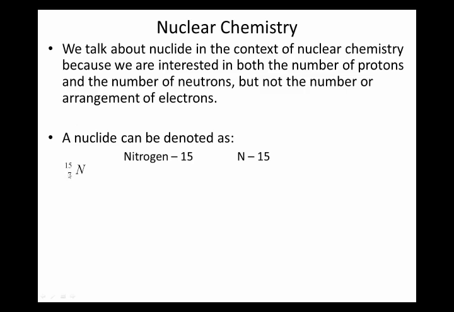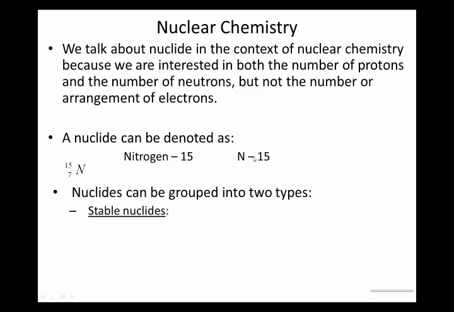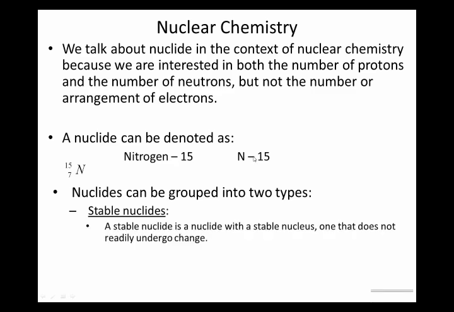So we have a +7 nuclear charge and 15 things in the nucleus, so 7 of them are protons and the other 8 are neutrons. It can also be denoted as nitrogen-15, so nitrogen with a mass number of 15, or N-15. Either way is fine.